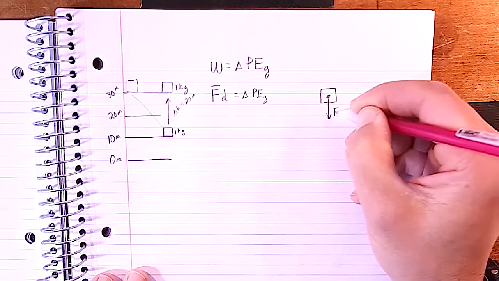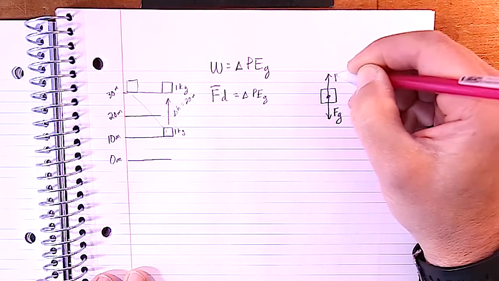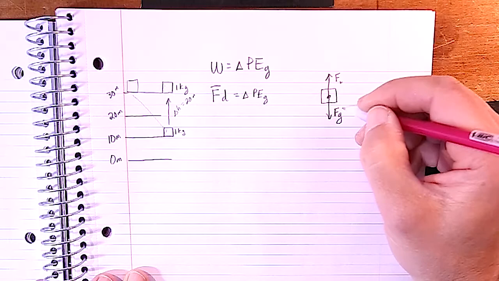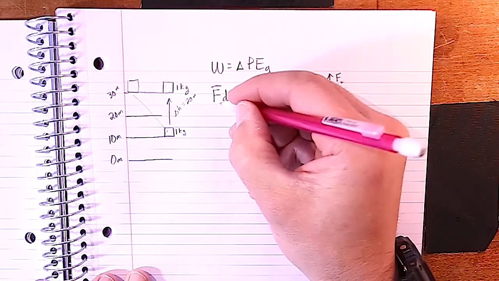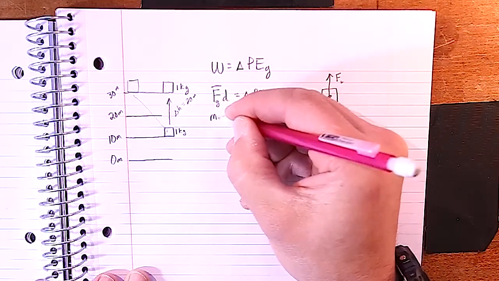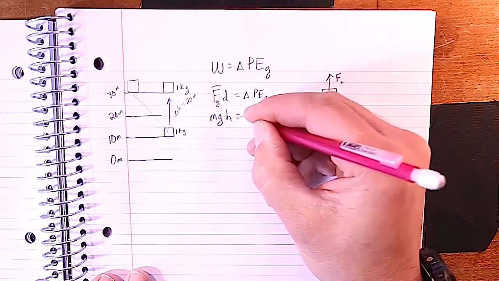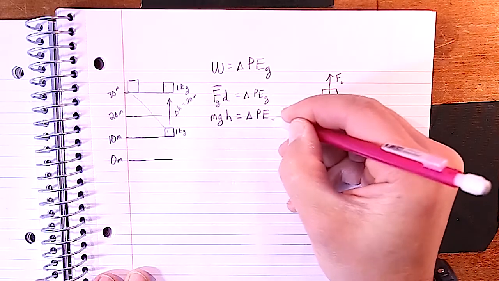We have the force of gravity down, and we have the force of lift up. So the force of lift up is going to equal the magnitude of the force of gravity down. So we can replace this F with mg, and we can replace this d with h. So that's going to be our change in potential energy.